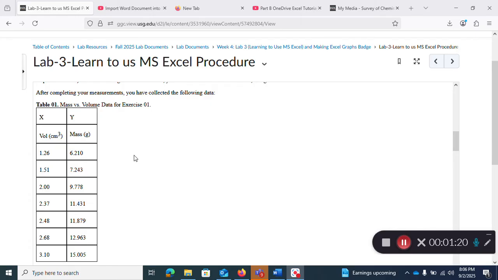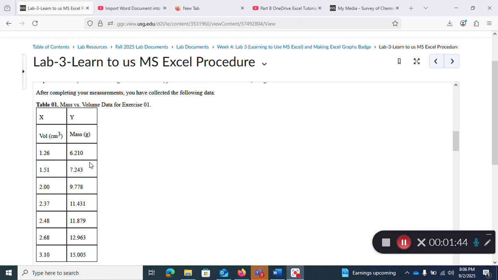We know that density is calculated by dividing mass over volume, but we're not going to do the calculations today. Instead, we will have Excel plot mass versus volume, and we will create a linear equation, and the slope of the equation will represent the density.